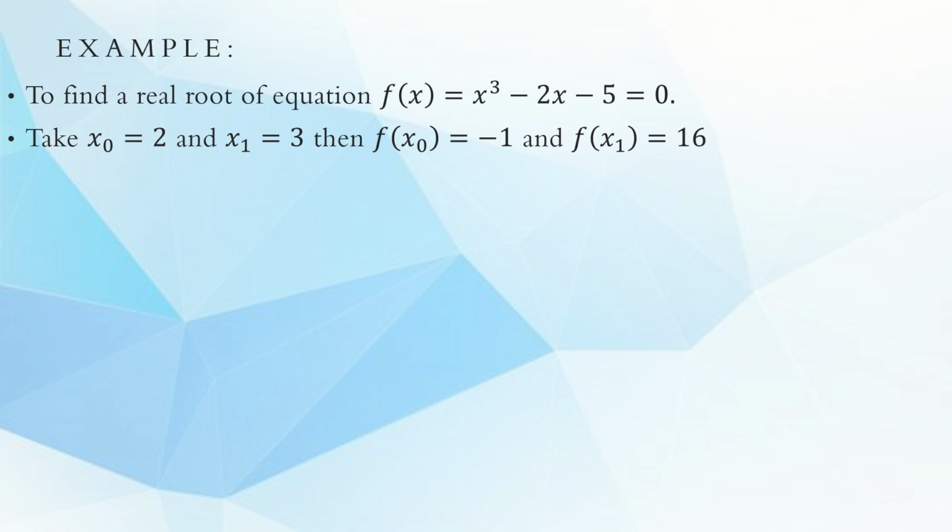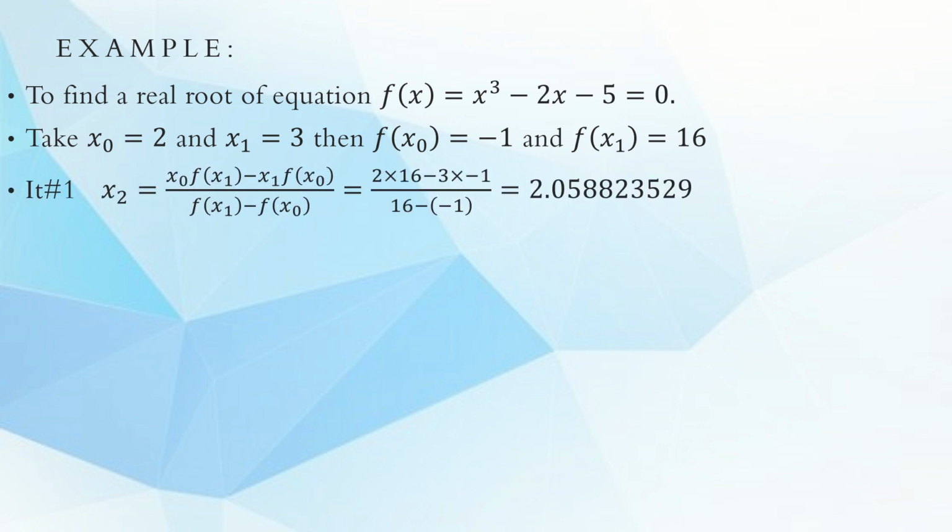Okay, so if you want to find x2, what would we do? X2 will be, as I said earlier, x naught into f of x1 minus x1 into f of x naught divided by f of x1 minus f of x naught. Then putting the values, x naught will be replaced with 2, whereas f of x1 will be replaced with 16, because f of x1 is 16 here.